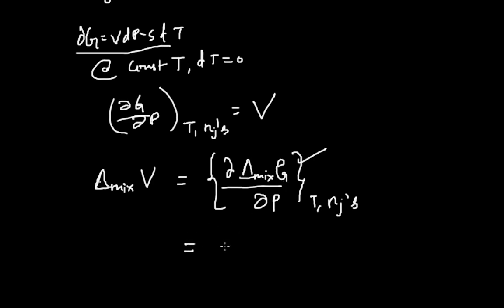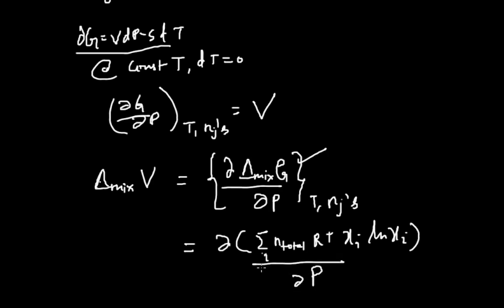Since delta mix G has no mention of P, differentiating n total RT times the sum of xi ln xi by dou P at constant temperature gives you 0.